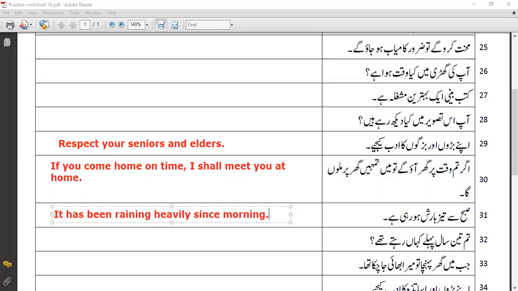But in this case, because the starting time is mentioned, not the total time, that is why we are writing since. All right. It has been raining heavily. You need to bring in an adverb because it says tez barish. So this is, yes, adverb. I think heavily here is not an adjective in the translation, because raining is a verb. So the word which describes a verb is an adverb. These are minor things you need to keep in mind, okay?